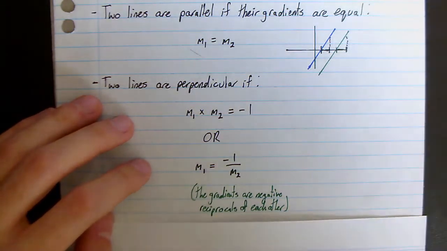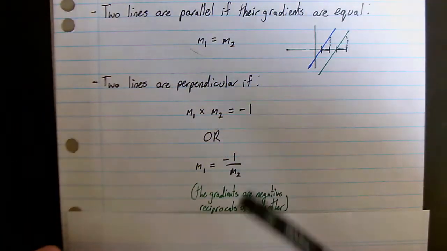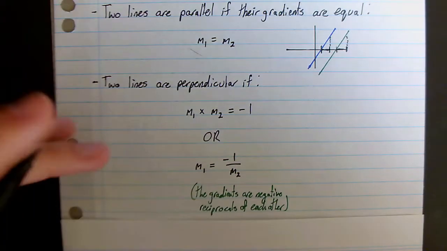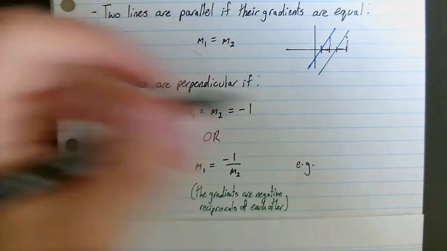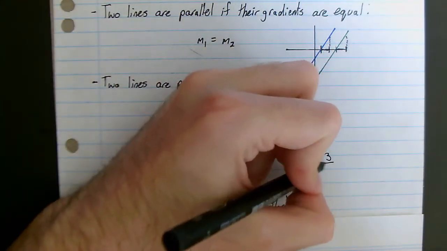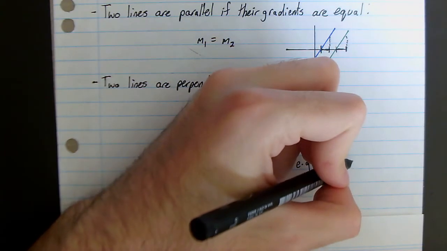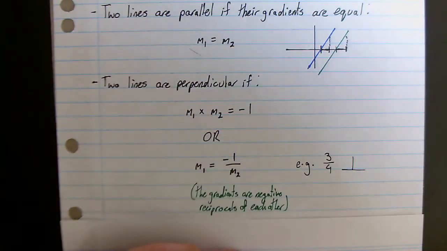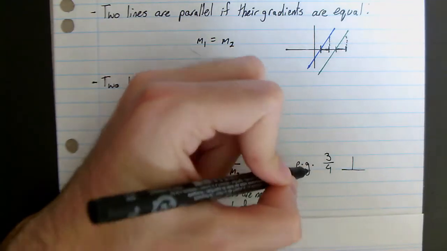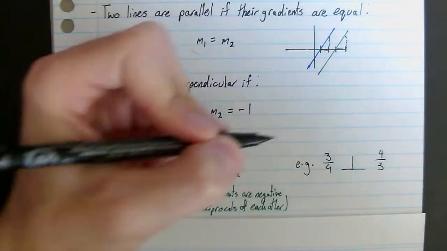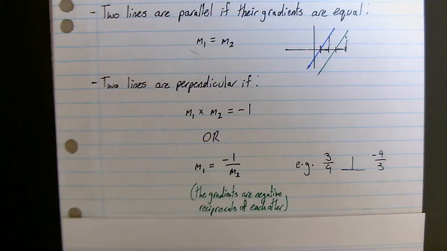a perpendicular line, you can reciprocate it, so you can flip the fraction and just pop a negative out the front, okay? So we'll look at some examples of these, but just to briefly explain what this means, the negative reciprocal, we can have a gradient of, let's say, 3/4. The gradient of the line perpendicular is, well, we reciprocate it, so we flip the fraction, it's going to be 4/3, and we pop a negative in front, so -4/3.